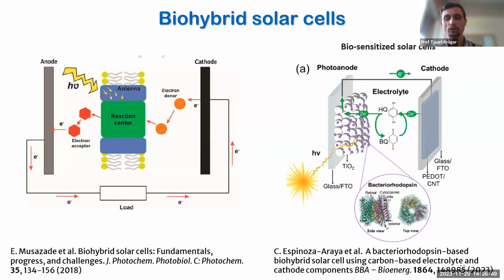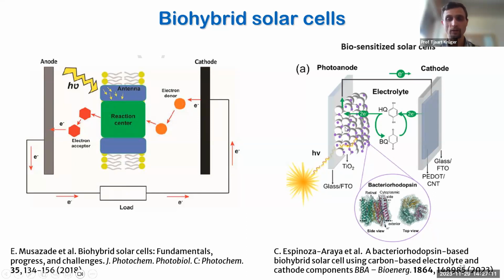This is just the version that many light-sensitive bacteria have. So they have a bacterial rhodopsin that can sense light. This bacterial rhodopsin contains a retinol molecule that absorbs the light. It will change its configuration, and through a number of processes, it can then release an electron.